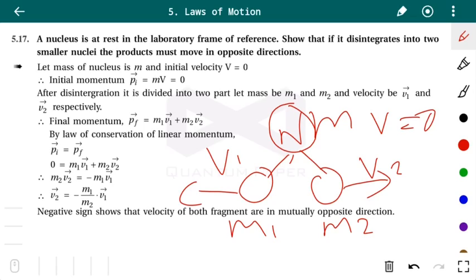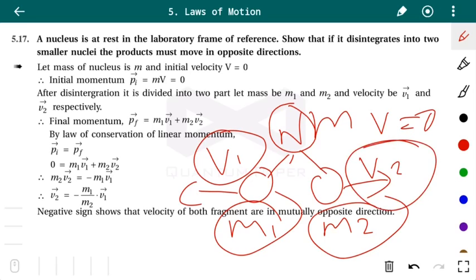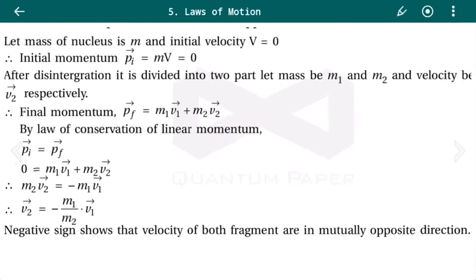So after disintegration, its velocities will be v1 and v2, masses will be m1 and m2. So the final momentum will be m1 into v1 plus m2 into v2. So pf equals m1v1 plus m2v2.